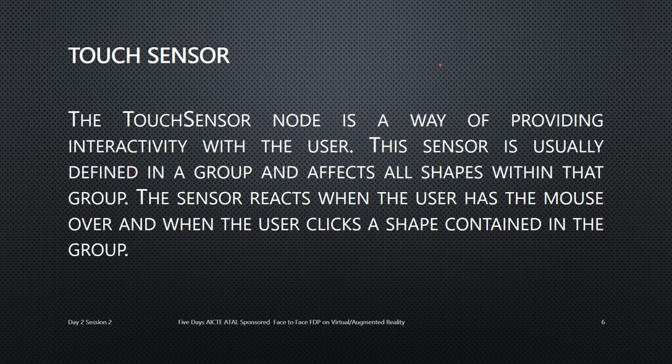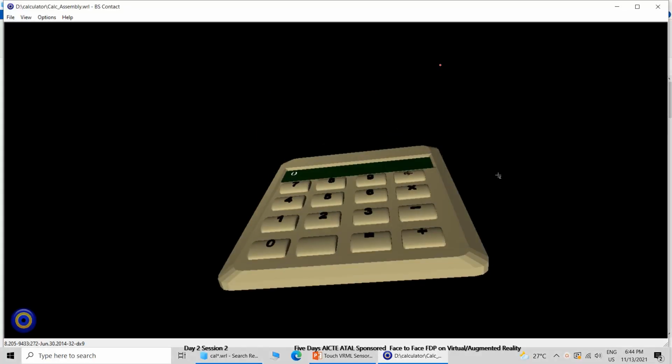When you take the cursor over the object having the touch sensor, your cursor pointer will change into a hand, indicating that it has a touch sensor and you can click or operate it. And when you click, then that particular programming or event will take place. So this is how the touch sensor operates.